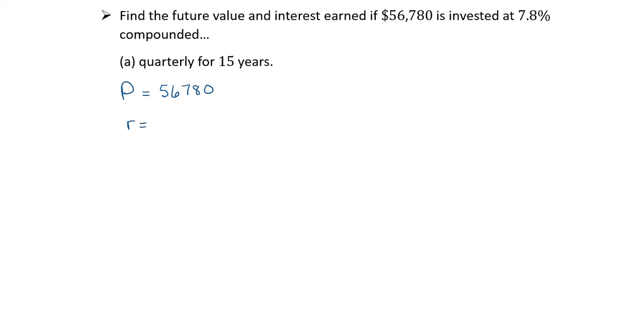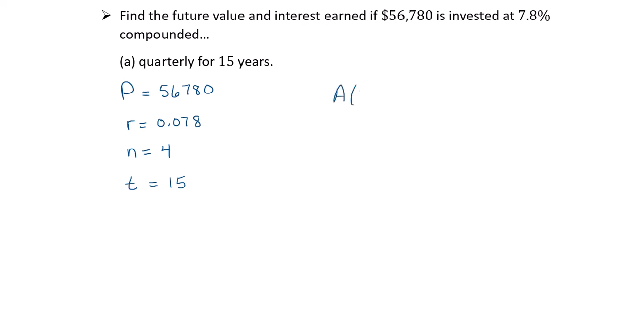My rate I'm going to record as a decimal, so that's 0.078. N is the number of times the money is compounded in a year's time. If it's compounded quarterly, that means it's going to be compounded 4 times in a year. And my time is in years, that's 15.